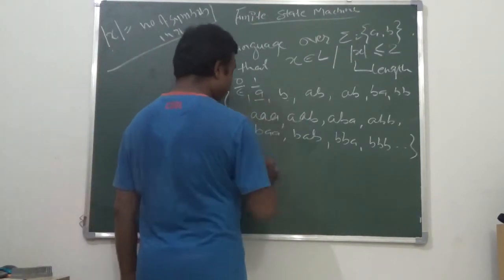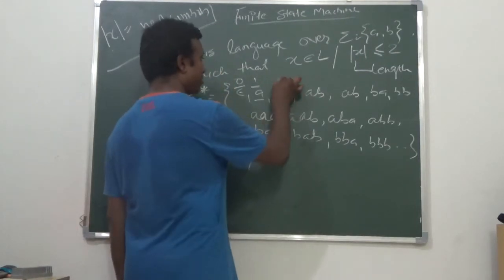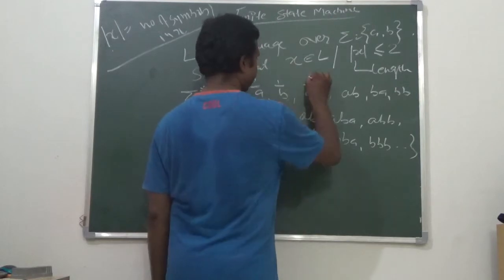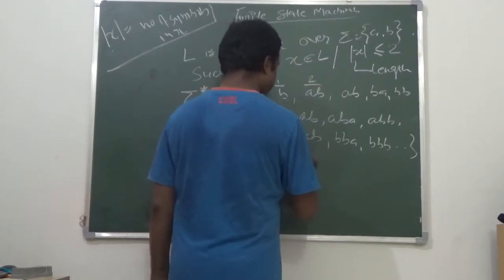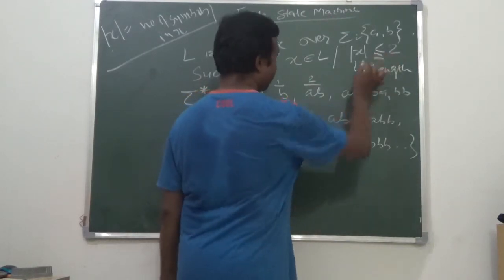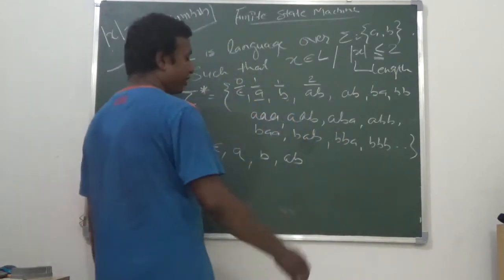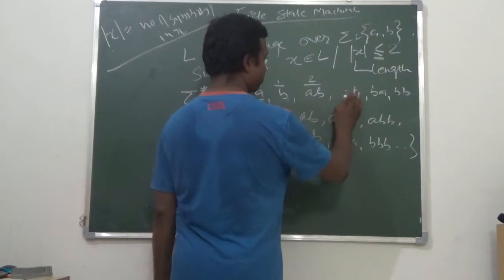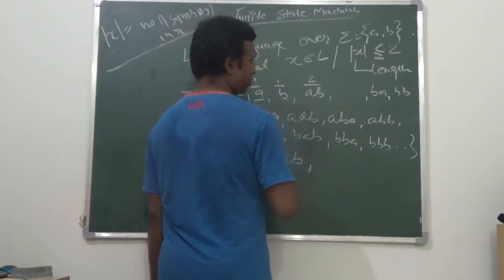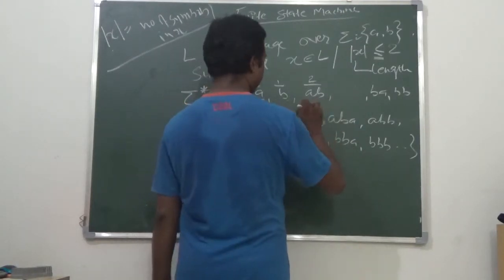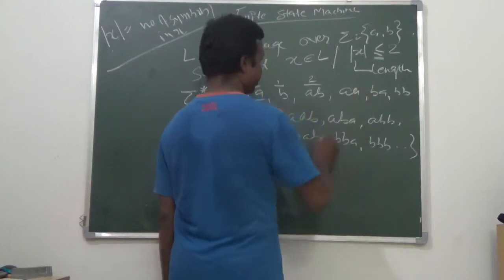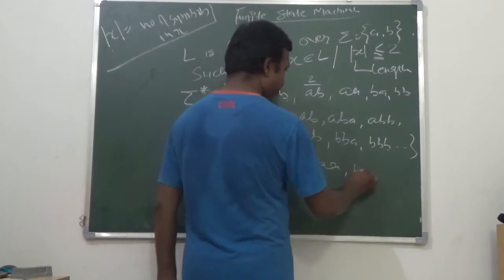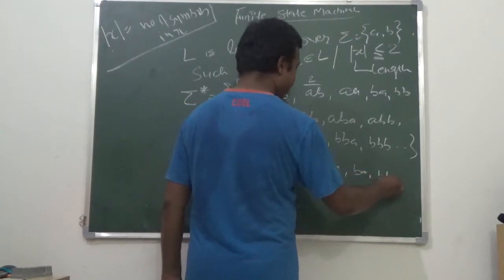Now this B, the length is 1, we need to include it. What is the length of this? This is 2, we need to include it because the length must be less than but also equal to. AB, it is not AB, it should be AA, there is A also. So we need to have AA, BA, BB.